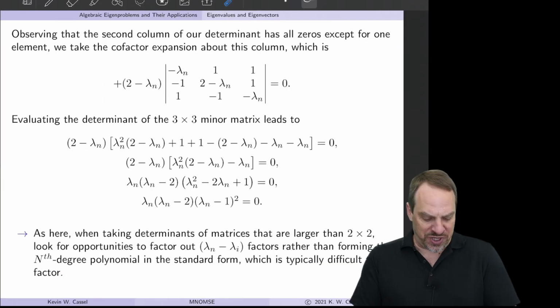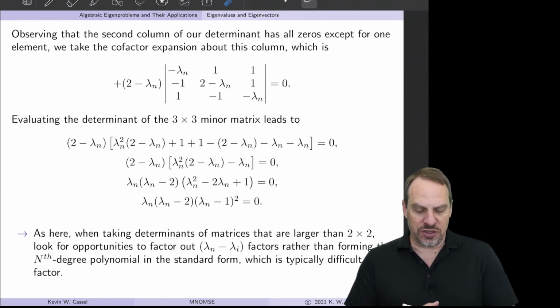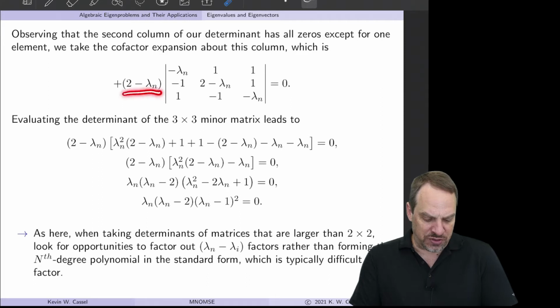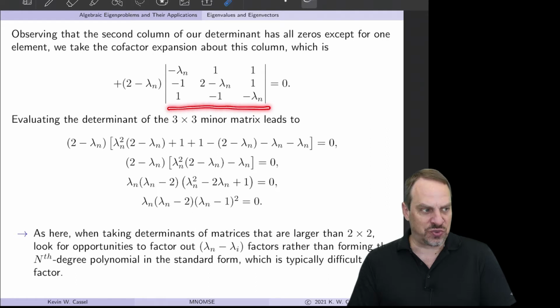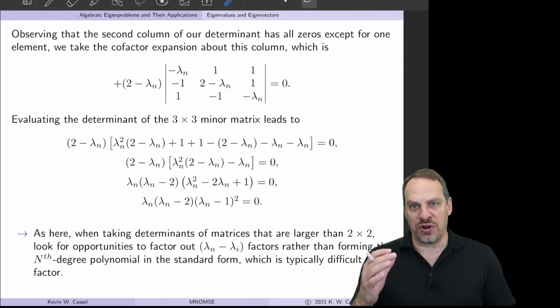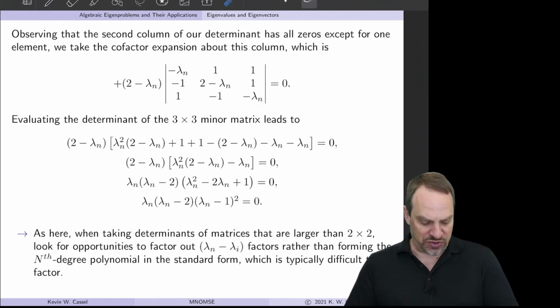So we end up with 2 minus lambda times the determinant of the 3x3 matrix that's left. That's the minor. So now we can do our cross multiplication. For this 3x3 matrix, we can indeed use our cross multiplication technique for determining the determinant.